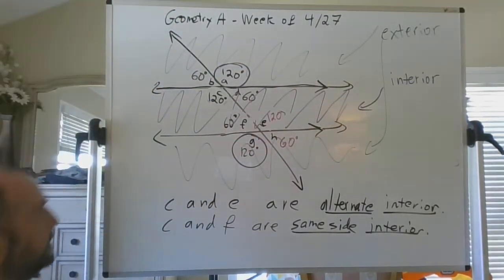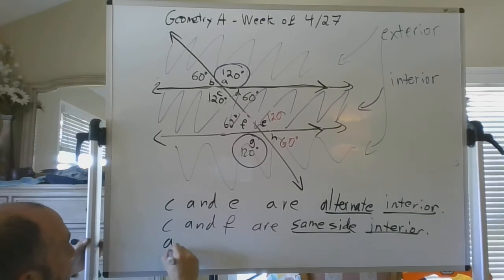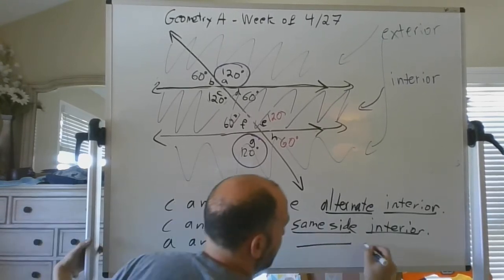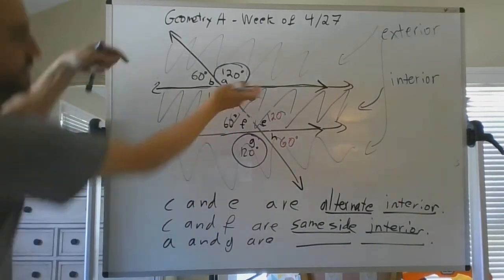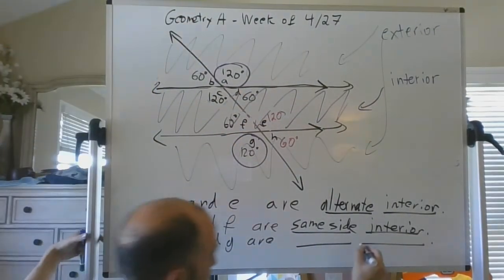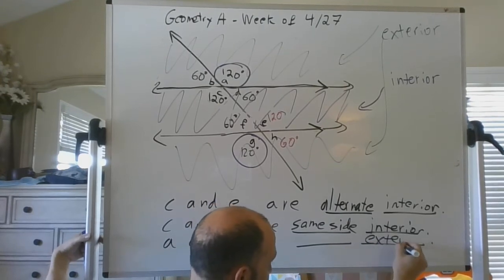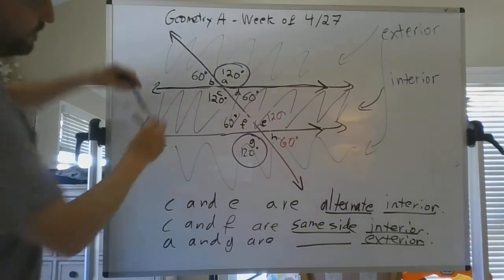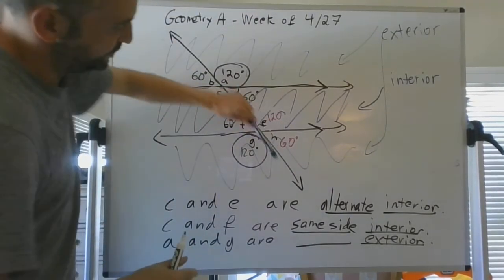Well, clearly, A and G are not on the inside, they're on the exterior. So what kind of exterior? Now, again, I want you to look at this line, this transversal.